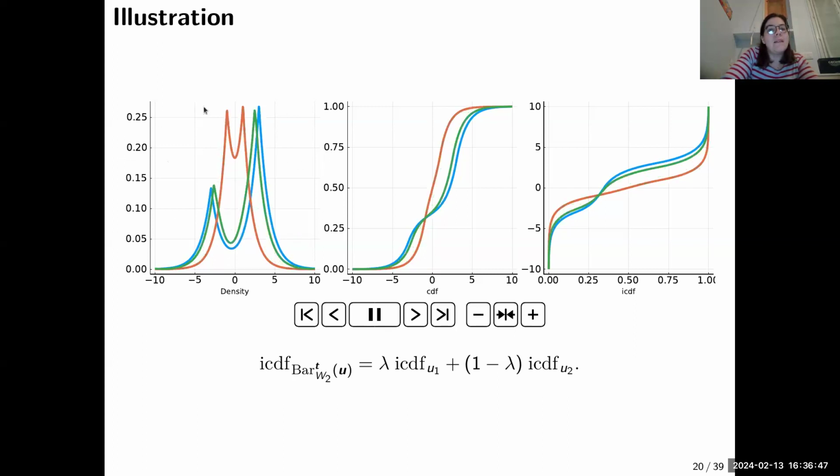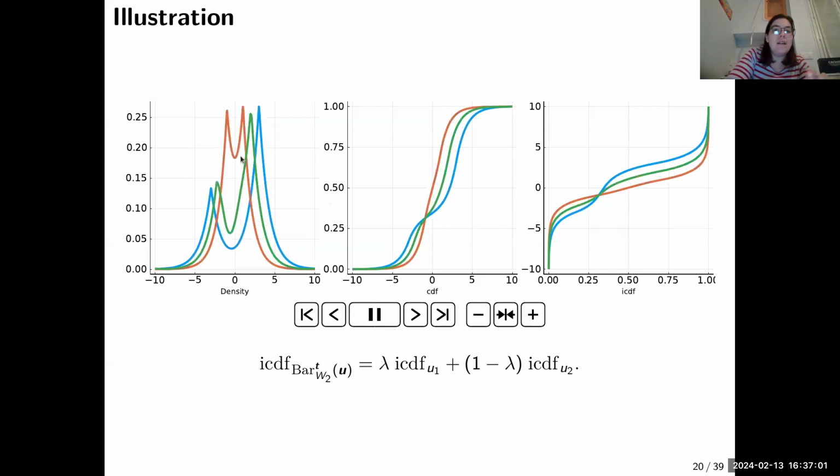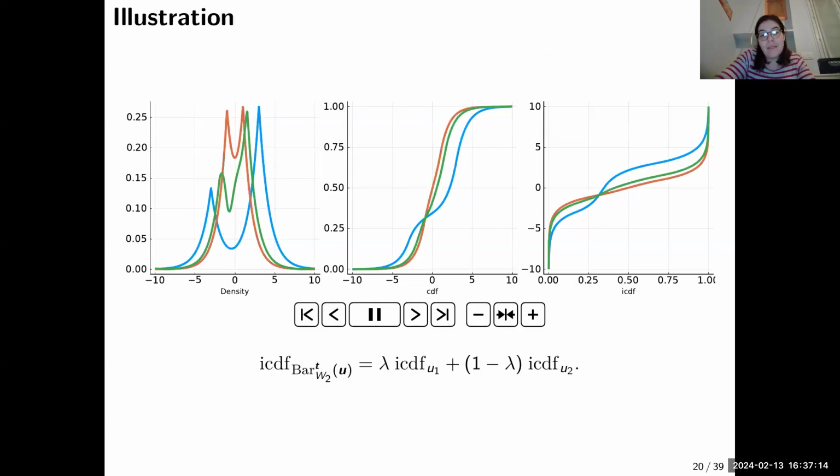You see the probability densities and interpolated probability densities. In the middle figure, you see the cumulative distribution functions associated to these probability densities, and the ICDFs are plotted in the right-hand side figure. And you see in particular that indeed this Wasserstein barycenter encodes in a nice way some translational properties of the different probability densities.